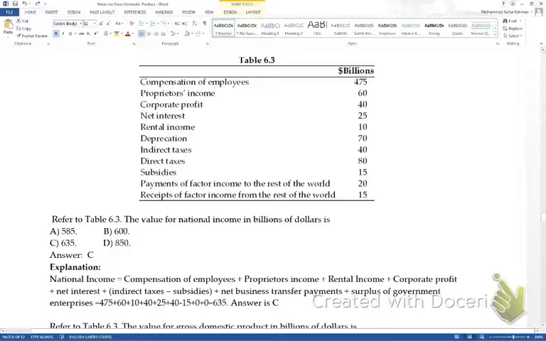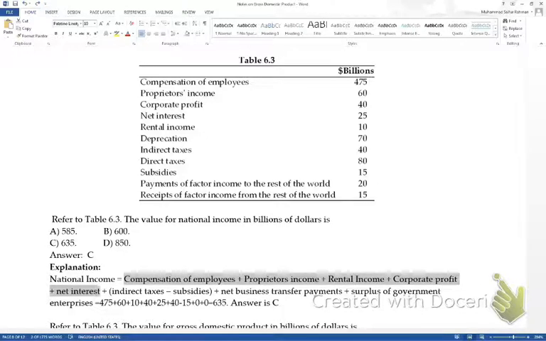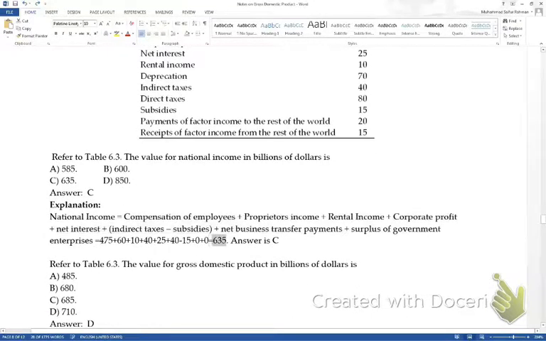So we calculate national income by adding compensation of employees, and then proprietors income, and then rental income, then corporate profit, then we have net interest, then we add indirect taxes minus subsidy, then we add business transfer payments, which is basically zero in this case, plus surplus of the government, which is also zero in this case, and we get 635, which is the value of the national income.